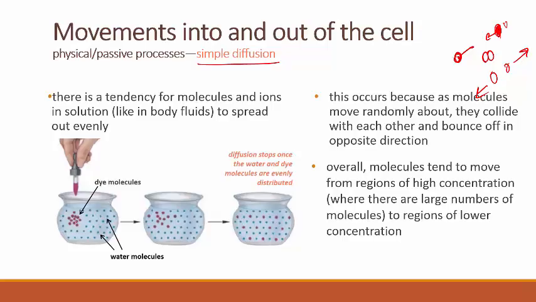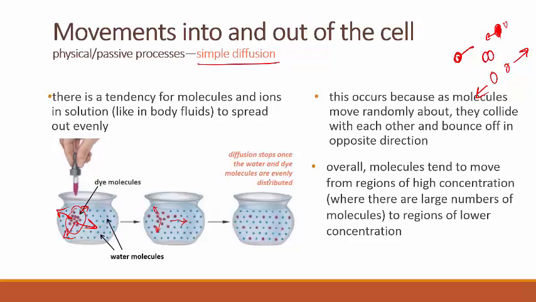So anywhere that there's enough concentration of dye so that the dye molecules are going to be slamming into each other, we're going to see movement away from that area of high concentration and movement toward areas of low concentration of the dye molecules.